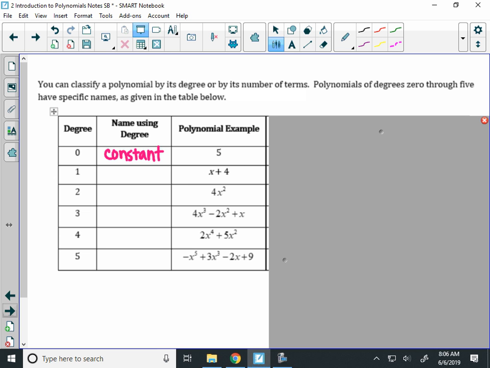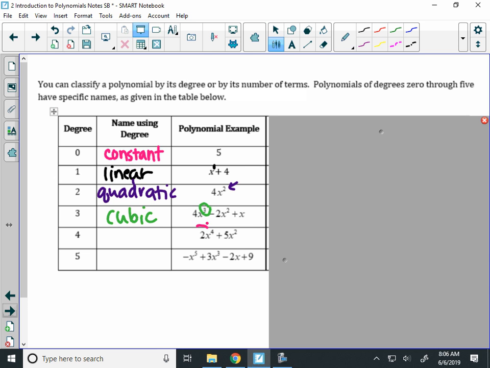A polynomial of degree 1, the exponent on the x here is a 1. That would be called a linear function. Polynomial with degree of 2, exponent of 2, is called quadratic. We've worked with quadratic functions before. Degree 3, so the highest exponent being a 3, that's called cubic.